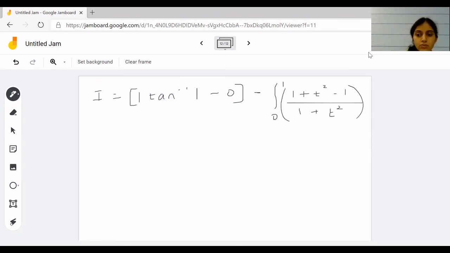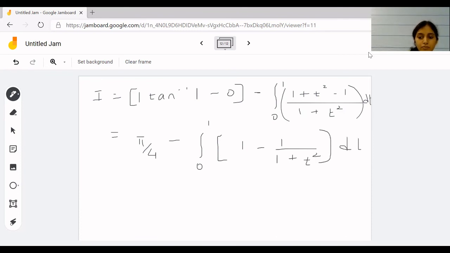Now tan inverse of 1 is pi by 4, so this part is done. Minus integration 0 to 1, in the brackets you can write 1 minus 1 upon 1 plus t square dt. Let us solve this final integration.